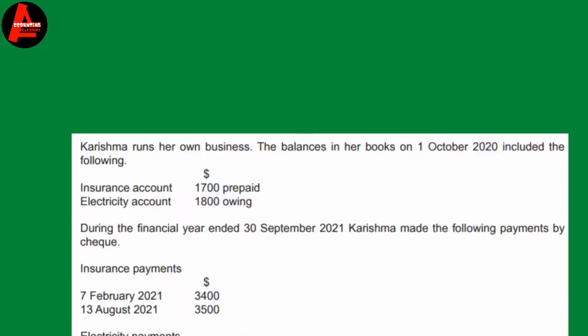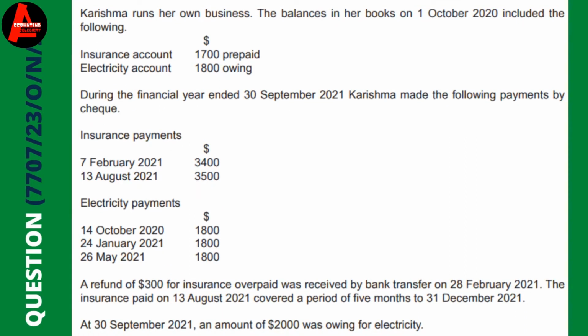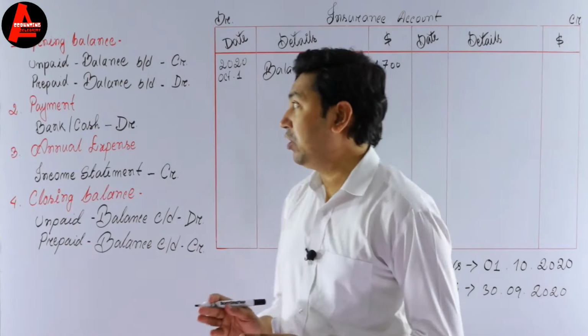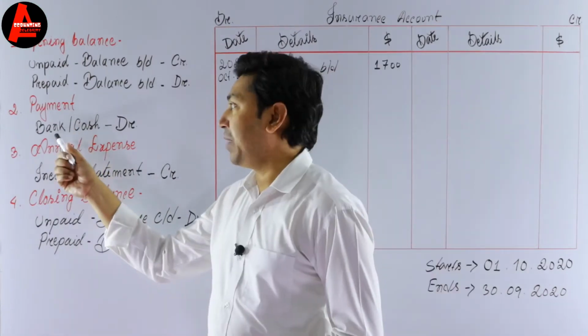Now what we have in the question: during the financial year ended 30 September 2021, Karishma made the following payments by check. Okay, so here we have some payments made by check. We have 7 February 2021. It is an insurance payment of $3,400. We know payment is bank, yeah.